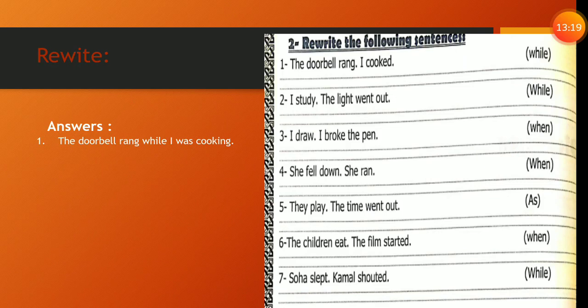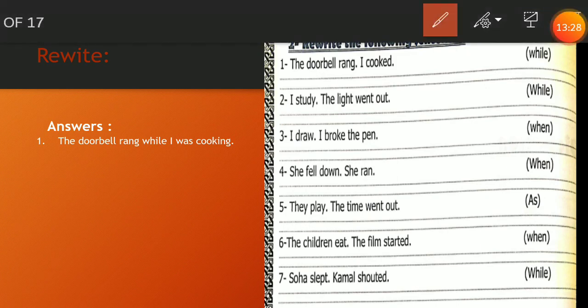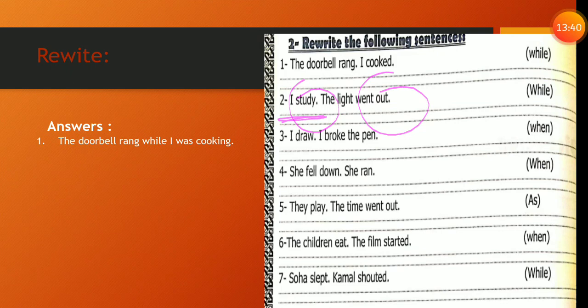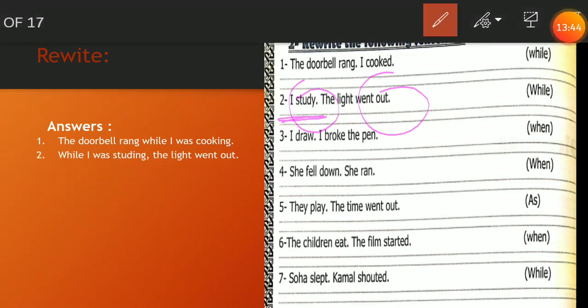Number 2, I study. The light went out. Between brackets, "While" with a capital. Which verb took the long time in the past, study or went out? Of course, study. So here, while I was studying, the light went out. Number 3, I draw.